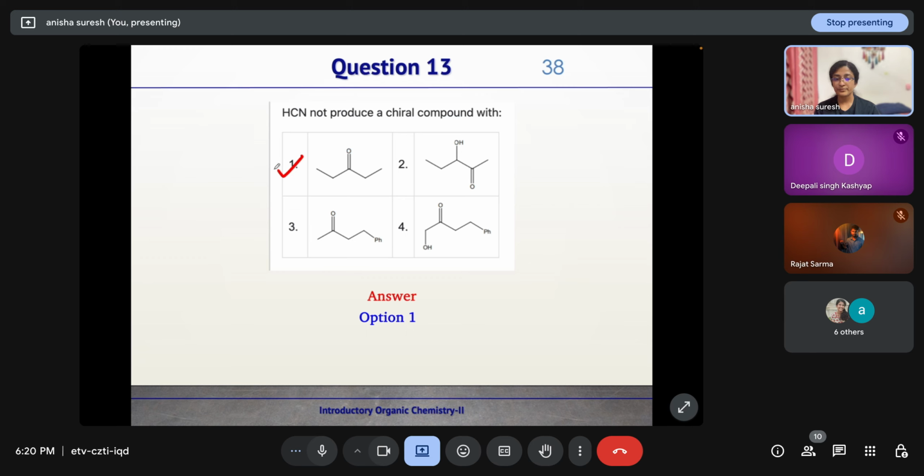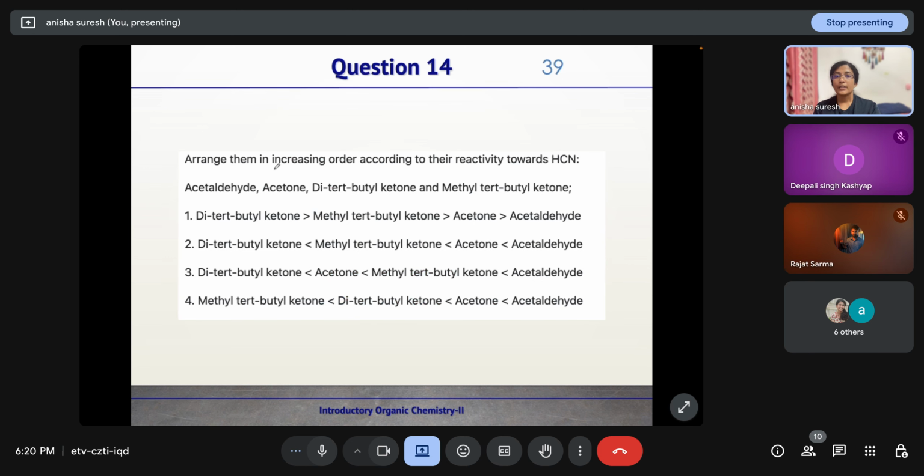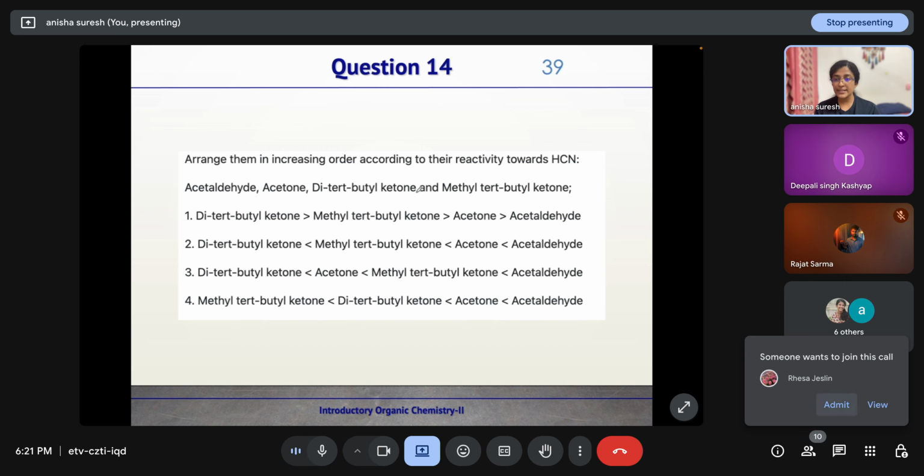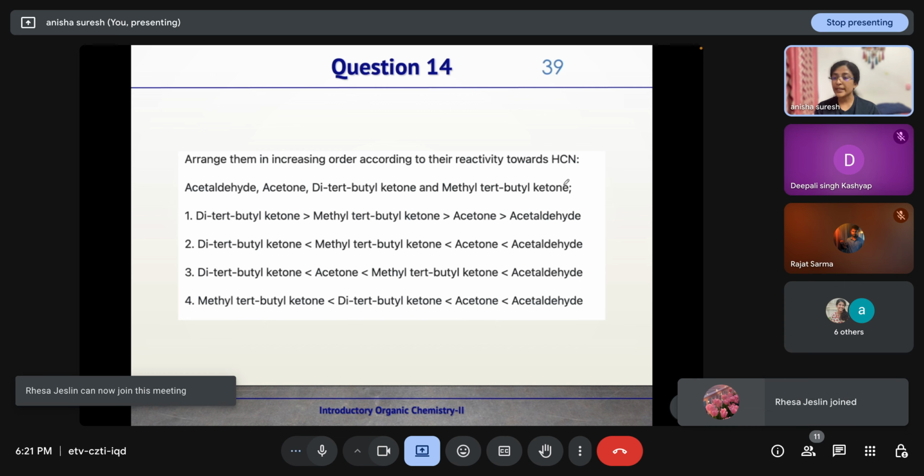Now coming to question number 14. Arrange them in increasing order according to their reactivity towards HCN. Acetaldehyde is there, acetone is there, di-tert-butyl ketone is there, methyl tert-butyl ketone is there.